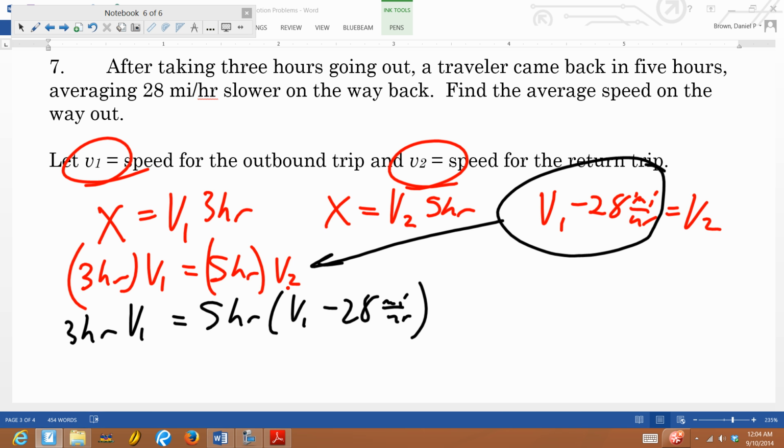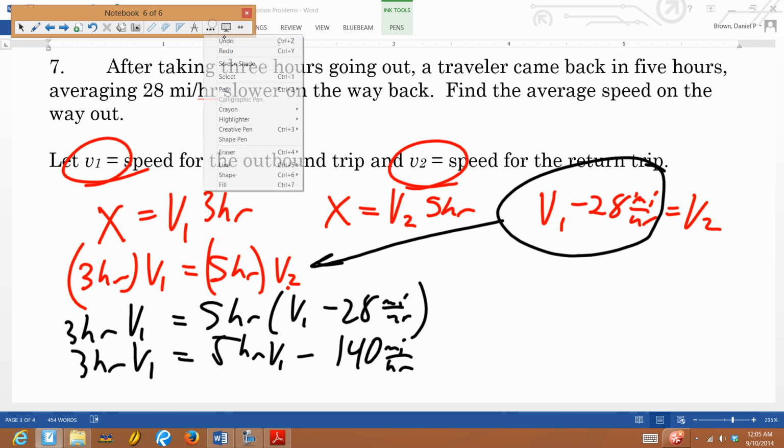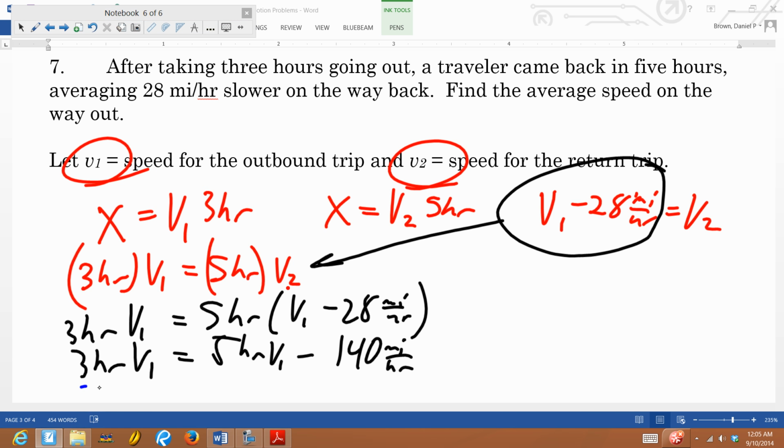We want to distribute 5 hours. So we get 5 hours V1 on one side, and similar terms, 3 hours V1, on the other side. Minus 140. I'm doing that right, miles per hour. Alright, so let's get all of our terms back to the same side as we'd like them to be on. Looks like I want to subtract 3 hours of V1 from the left.